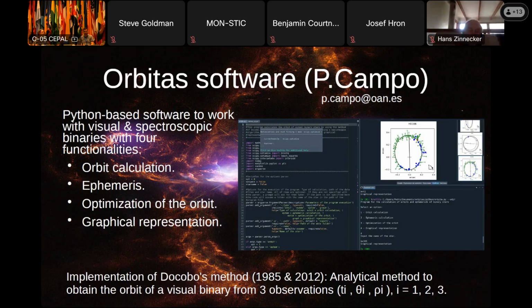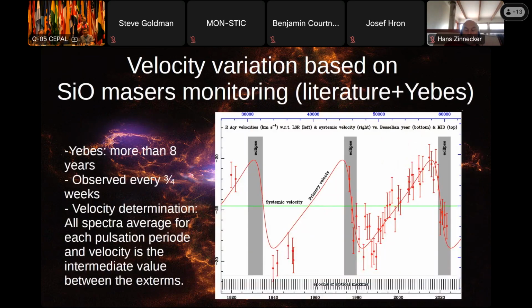It's an analytical method to obtain the orbit from a visual spectroscopic binary that requires only 3 observations. So running the program, we get a set of possible orbits, and then to disentangle the orbit and get the one that we want, we need another input.